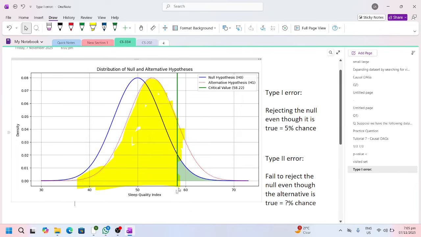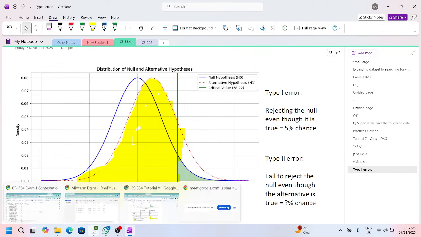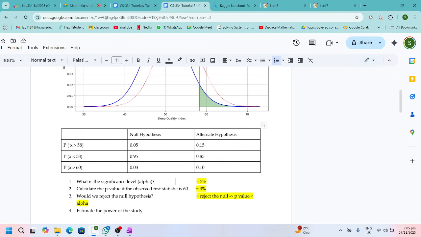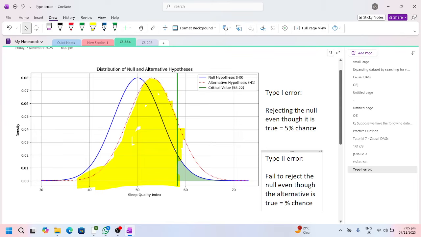And the value that I'm looking for is the probability that x is less than 58 under the alternative. So let's find this value. Probability that x is greater than 60 under the alternative was 10%, which means कि less than 60 की probability will be 90%.